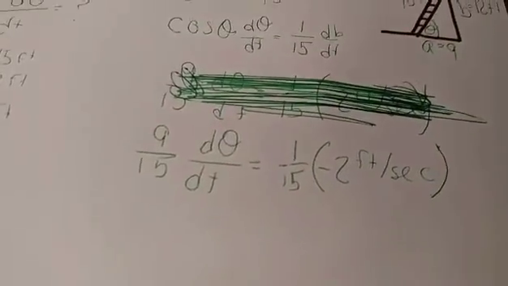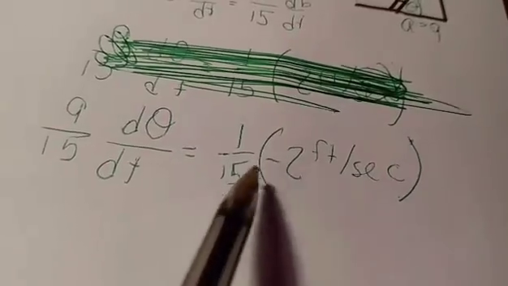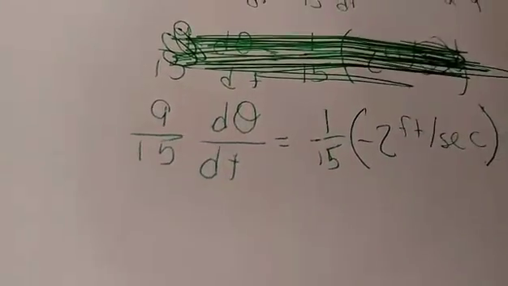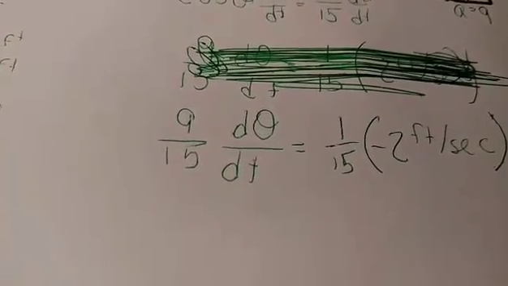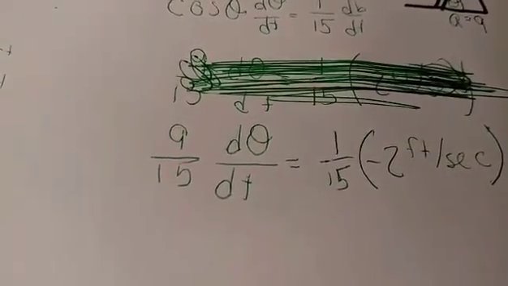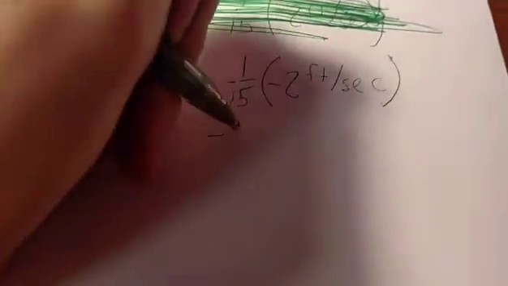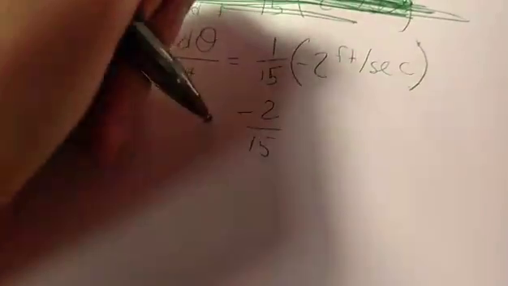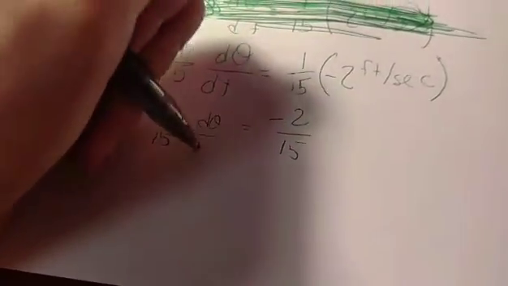And now we're going to first multiply these two values together. So 1/15 times negative 2. Let me just put that in my calculator. 1/15 times negative 2. That's going to give us negative 2/15. So negative 2/15 equals 9/15 d theta dt.